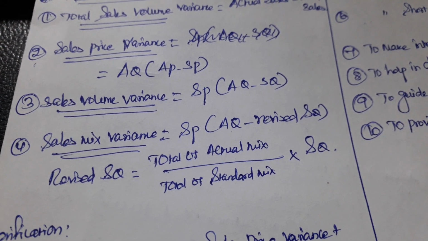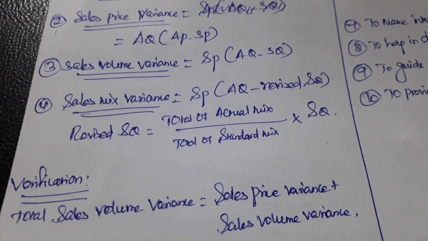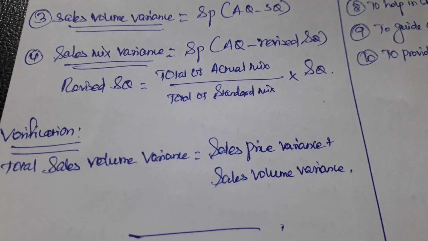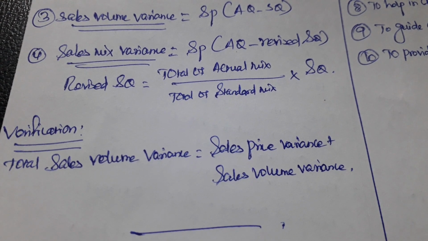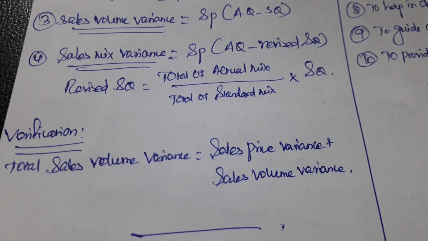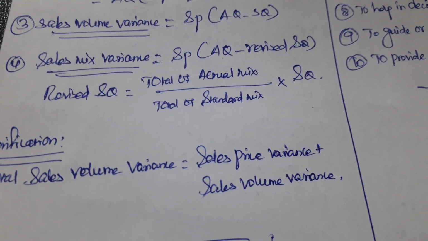Sales mix variance is also similar to the material mix variance. Then lastly we have to verify these variances through the following equation: total sales volume variance equals sales price variance plus sales volume variance.